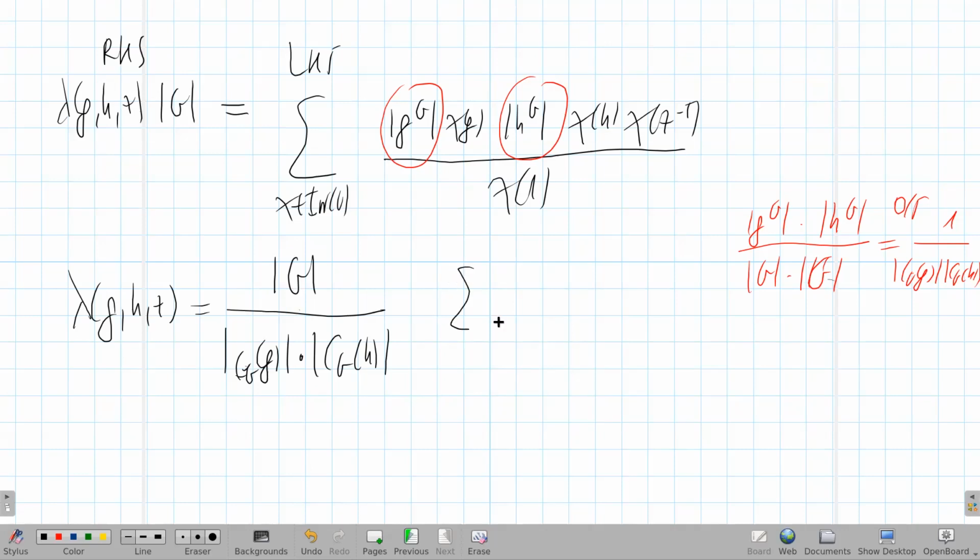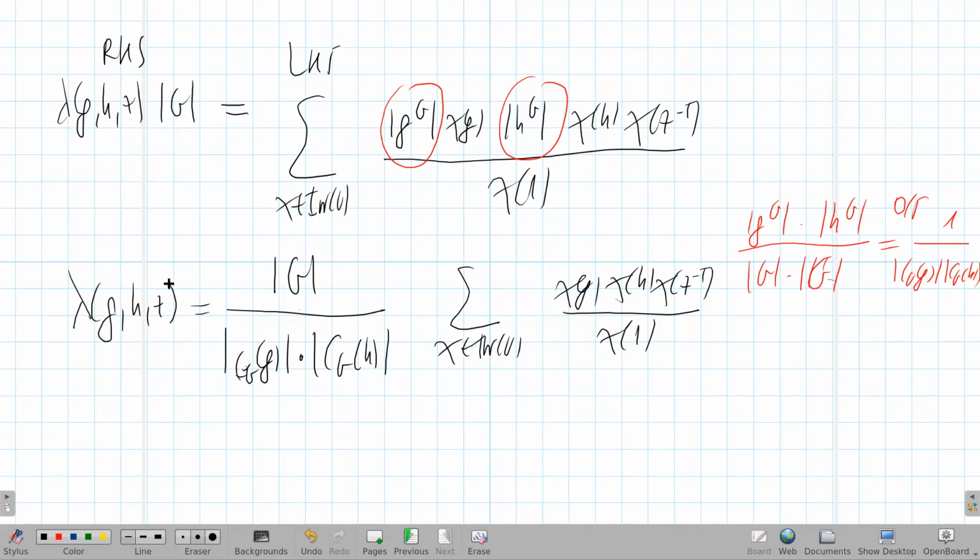And then here you have simply the sum of the irreducible characters of chi G, chi H, chi Z inverse. So this might look like it's a bit complicated, of course, but it's a formula for the structure constant of the center of the group algebra. It tells you how the basis elements of the center of the group algebra multiply.